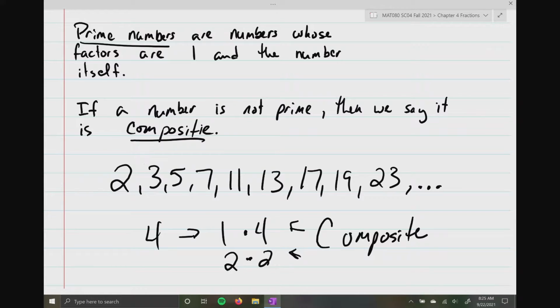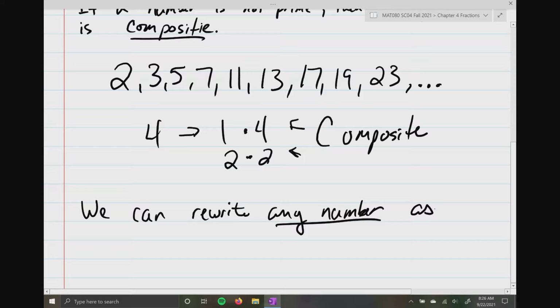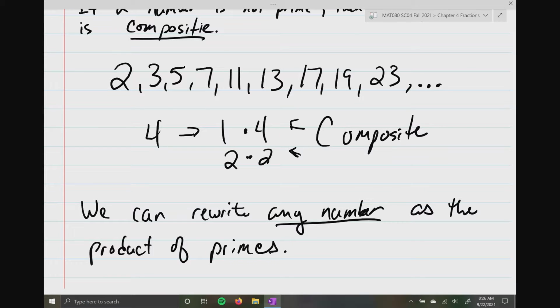In other words, we can rewrite any number as the product of primes. And every single number has a different product of primes. In other words, numbers have fingerprints. We can figure that out.